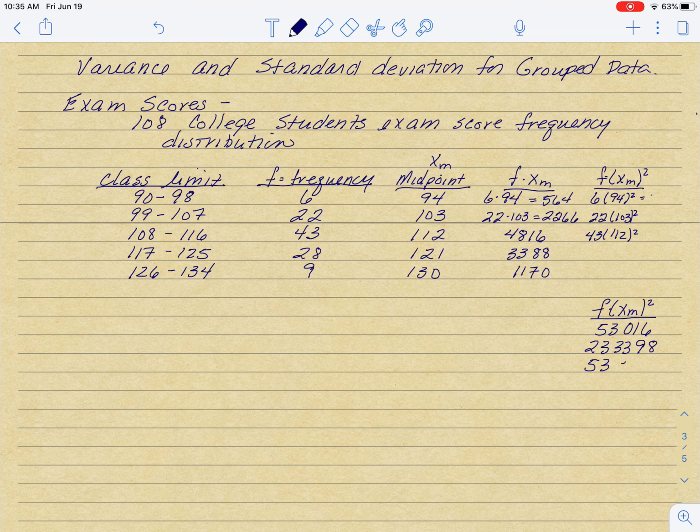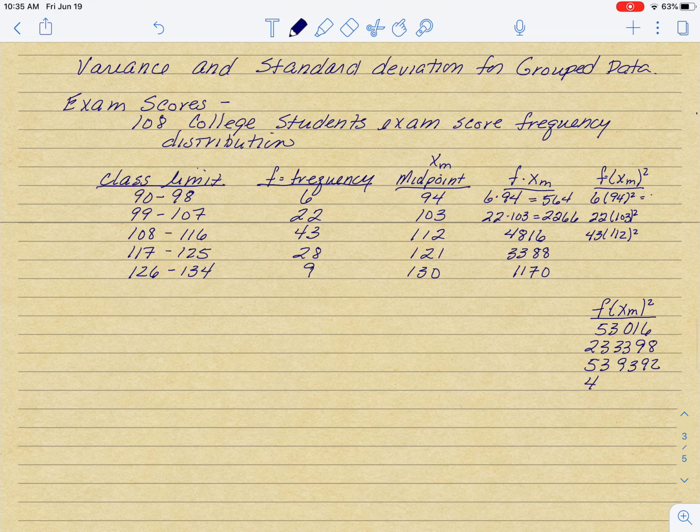And if we keep moving on, these are the numbers I get when I go frequency times midpoint squared. You should check to make sure you're getting these same values so that you're making sure that you're doing your calculation right. The biggest mistake I see is that people just take frequency times midpoint, that number, and square it. And that's not what you want to do. You want to square the midpoint first and then multiply it by frequency.